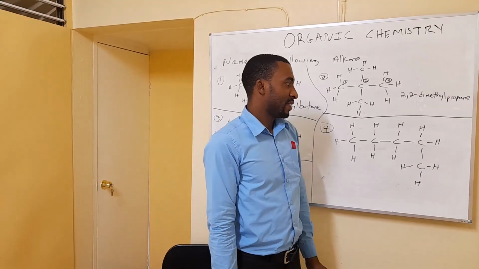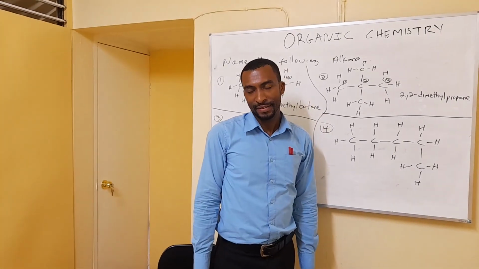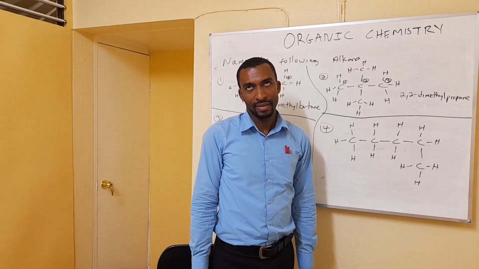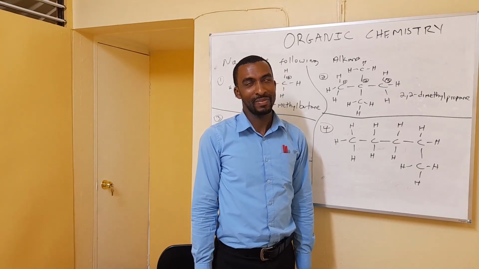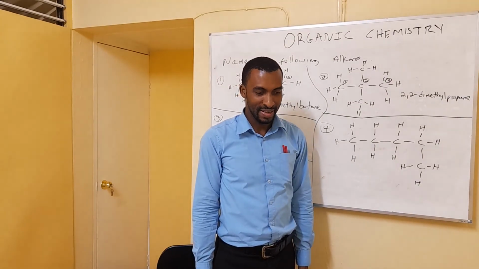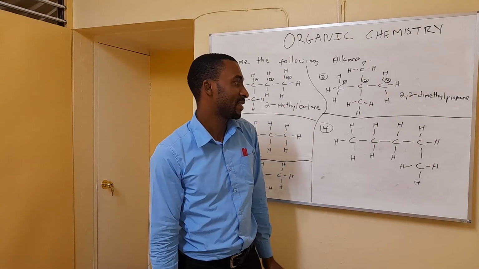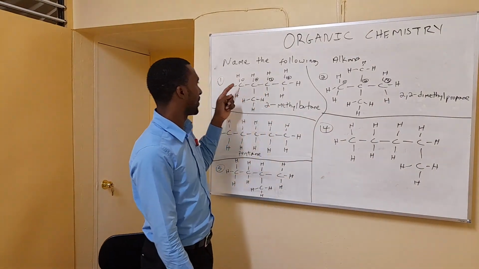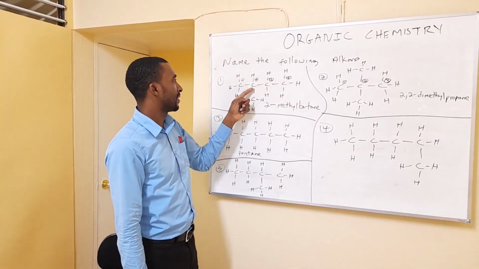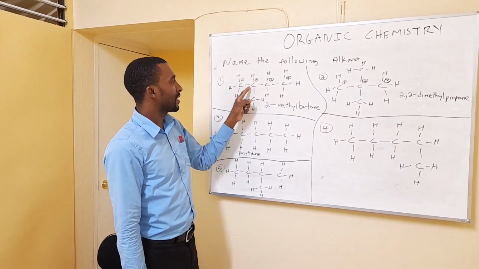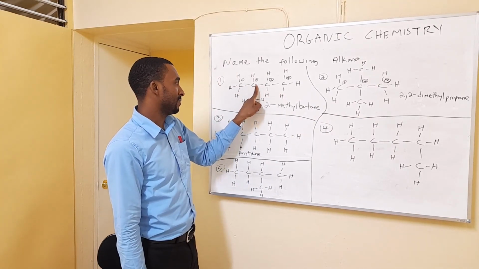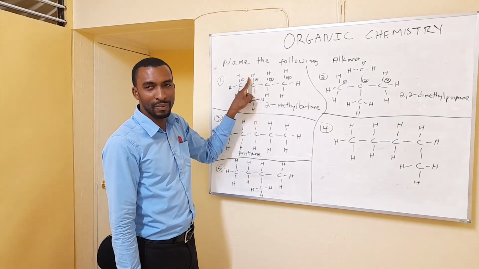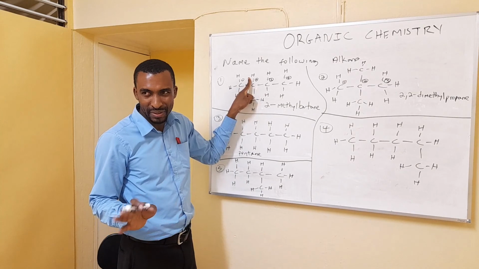The branch cannot be at the end. I don't know if I'm saying it correctly, but notice where we have a branch. If it's a branch, then the carbon atom has only one hydrogen attached to it, or none.